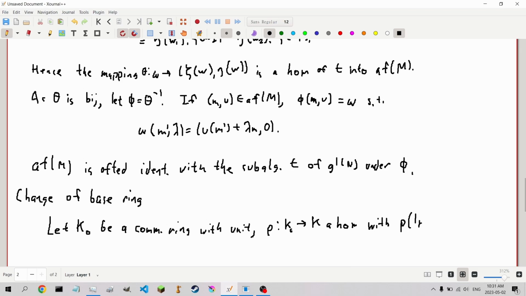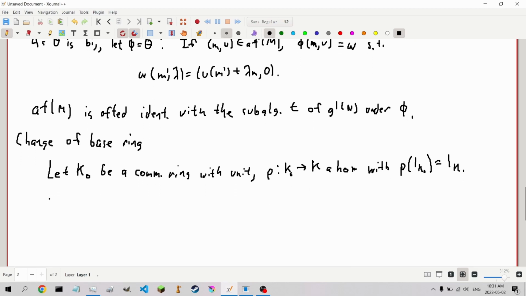With 1 of K0 being sent to 1 of K. We're going to let G be a Lie algebra over K.